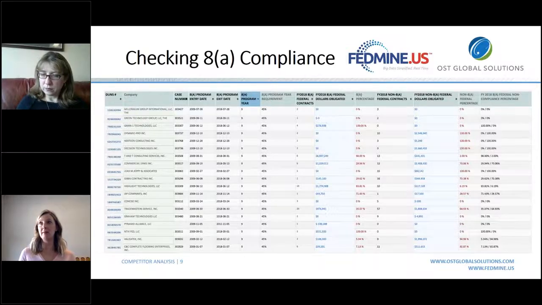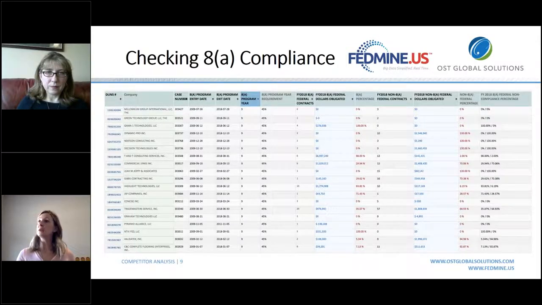So they need to have 45% 8A, 55% non-8A. And then as you scroll across here to the right, you can see the number of 8A contracts they still have, the dollars obligated, and then their percentage versus non-8A contracts. And so you can identify very quickly who is not compliant.